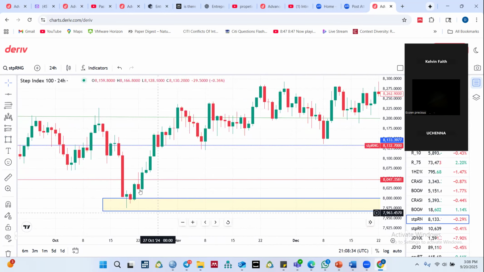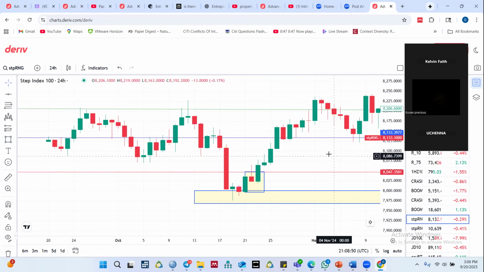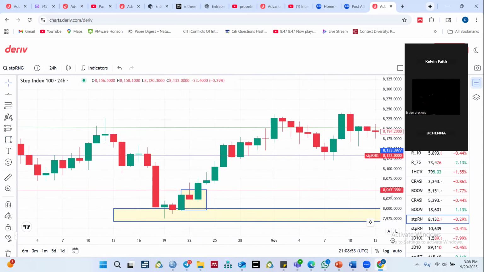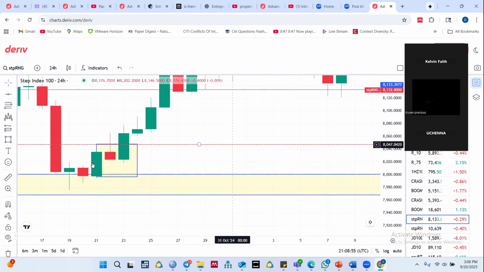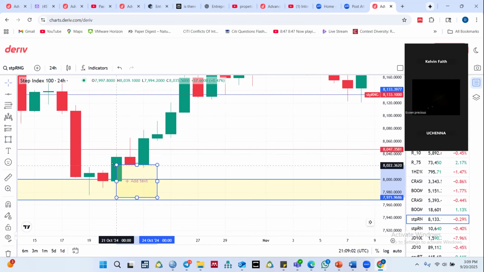I don't see anything like that right now, but the only thing I see is that when this candle was going up, it hit that area, and then the next candle, which is the red candle inside, also hit. Sorry, the green candle. Yeah, it hit it. No, it didn't get close to it, but it hit around it.